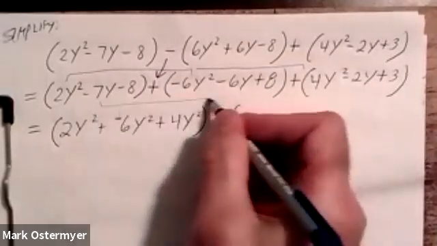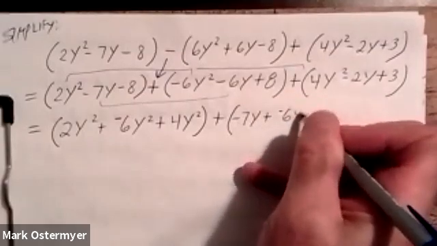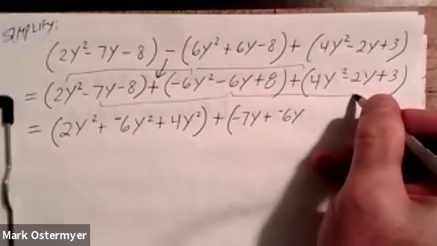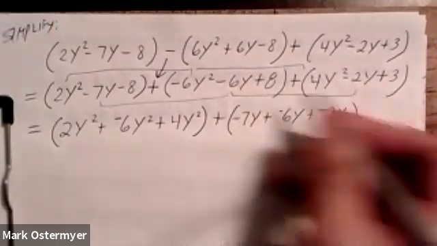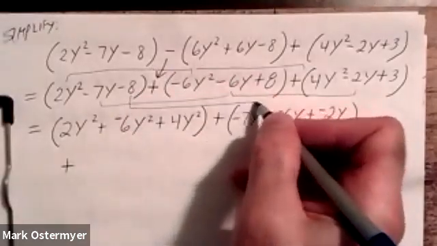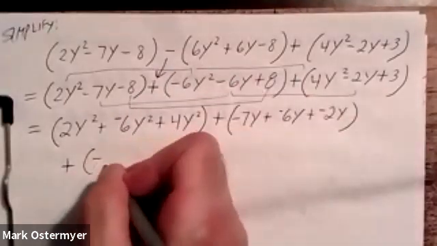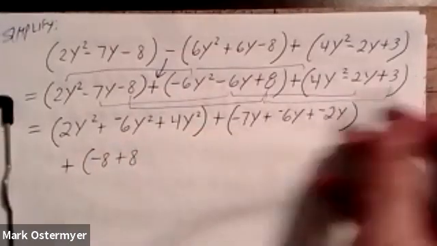A negative 7y will get added to a negative 6y, and that will get added to a negative 2y. Negative 8 will get added to a positive 8. And then to that, we're going to add a positive 3.